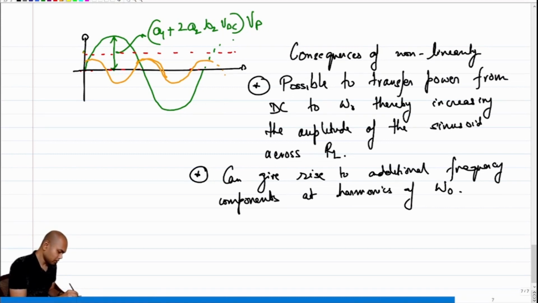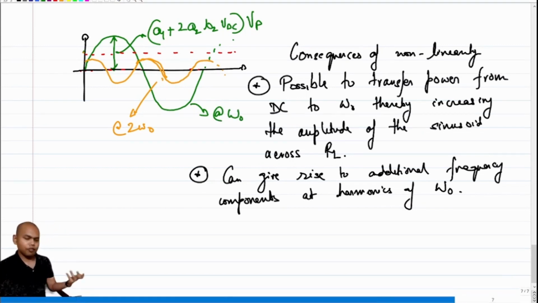So this frequency is at 2 omega naught. The intended frequency is at omega naught. We are able to get an amplification of the intended frequency, but at the cost of introducing an unintended frequency component also, right? So nonlinearity is good and is bad in some ways, right?